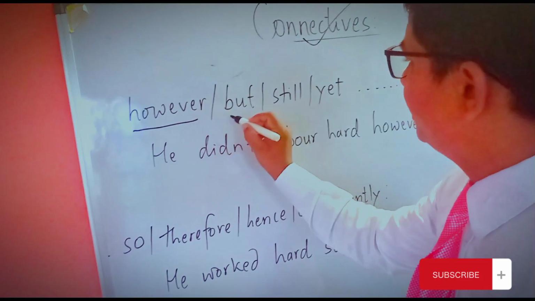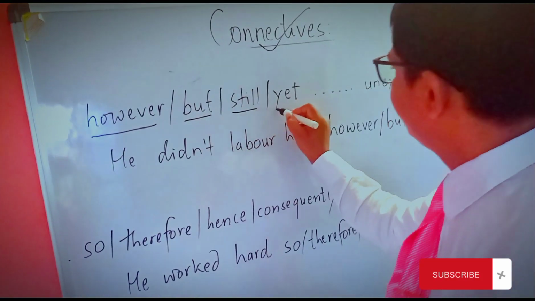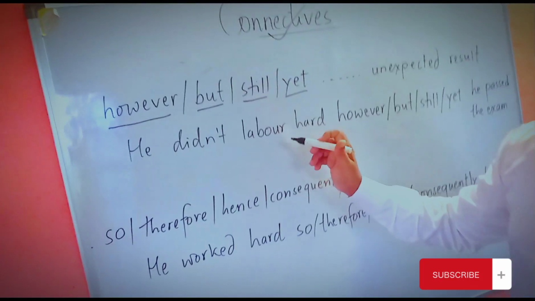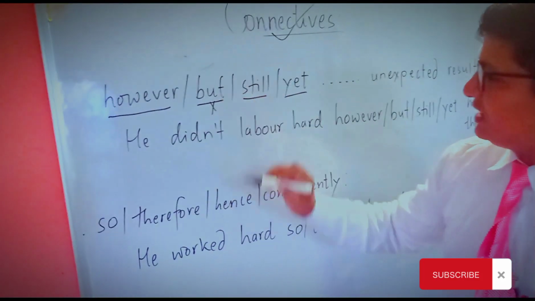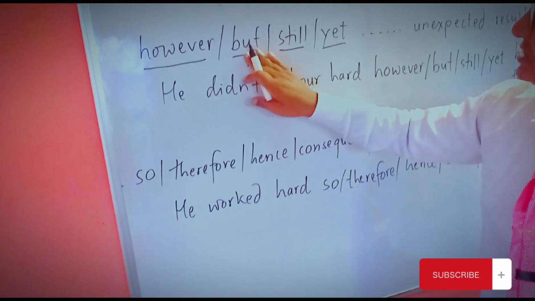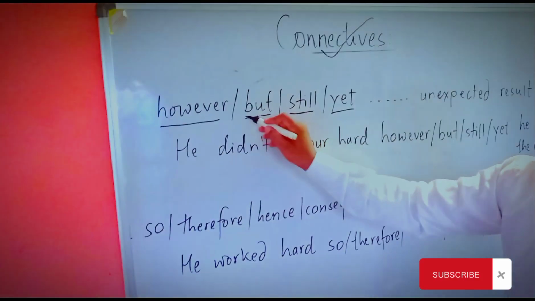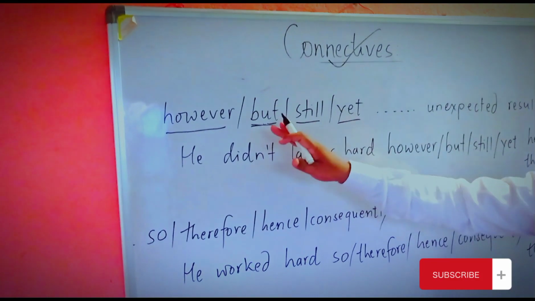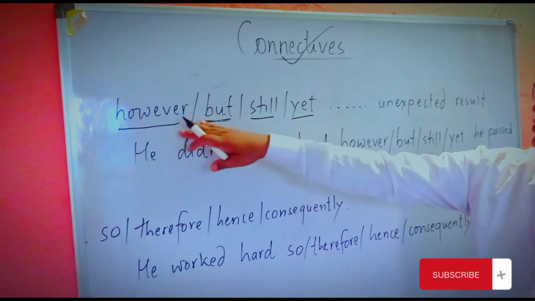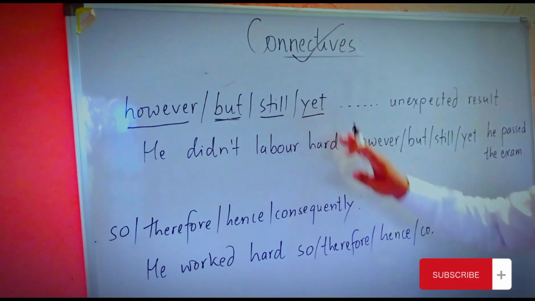However, but, still, yet: these can be used interchangeably. "But" is less formal, less standard, and the others are more standard. If there is "but", you can very easily know these things. In place of "but", you can say however, still, yet.